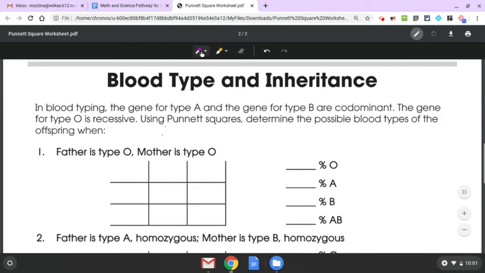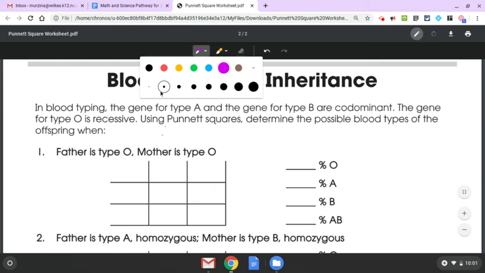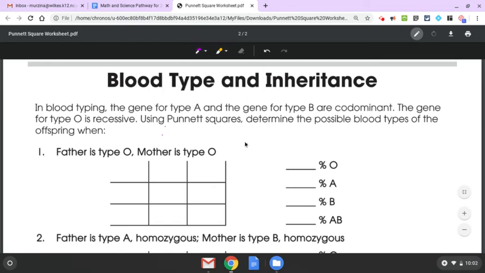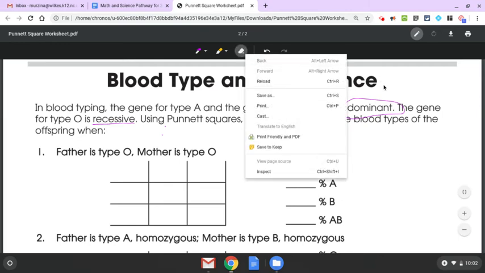Before you got started, there was some important vocabulary you needed to review. You could have found most of it on Quizlet. You probably found the word recessive, which was one of your vocabulary words. You probably did not find the whole word for codominant, but you probably found dominant trait.